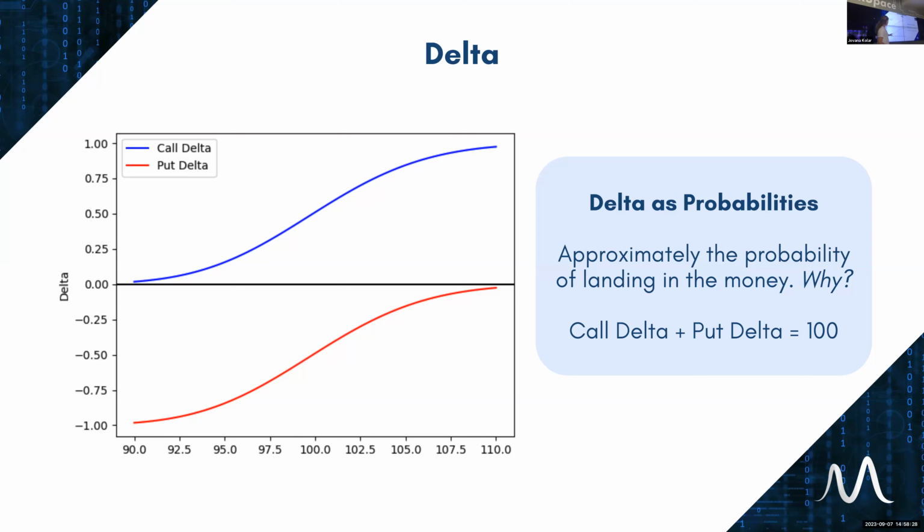And then put deltas range from -1 to 0. Remember, for a put, you're selling, so you want the underlying to go down. As the underlying goes down, your put delta approaches -1. So every decrease in the underlying by 1, you would start paying closer and closer to $1 more, because you can just exercise the option when it's very in the money, and you just get $1 more as the underlying moves down 1.